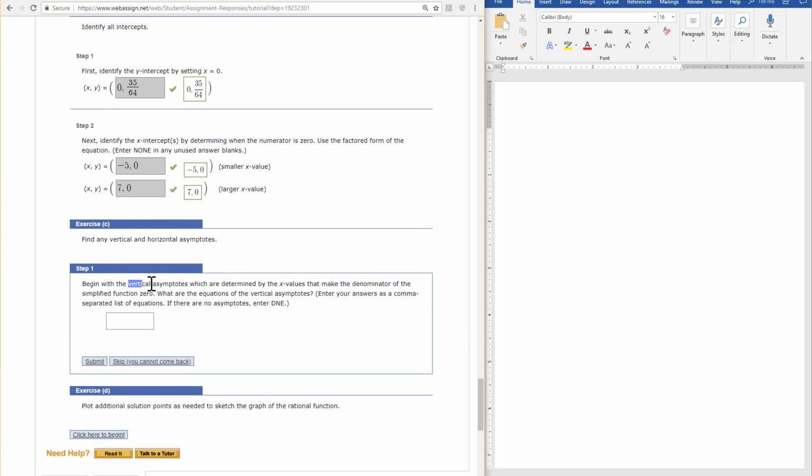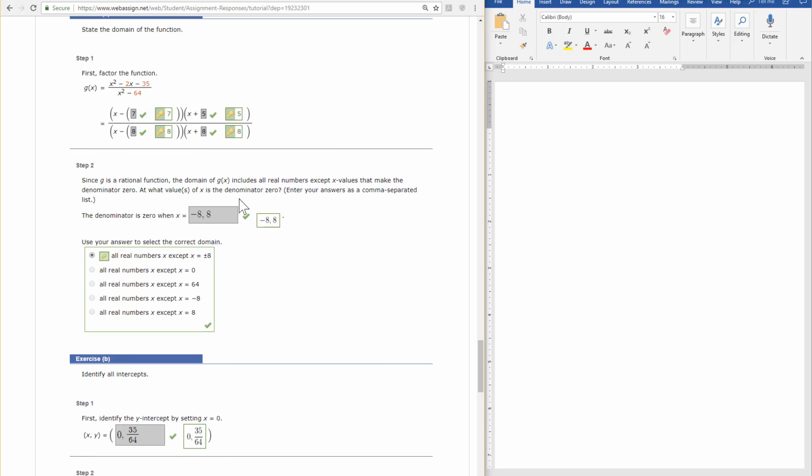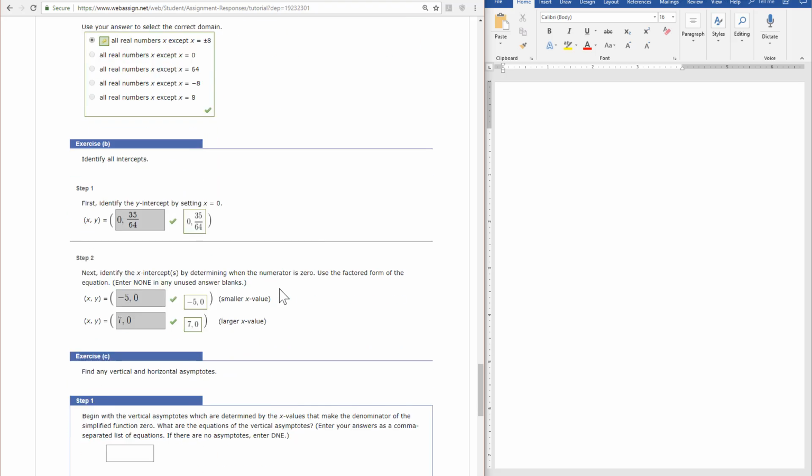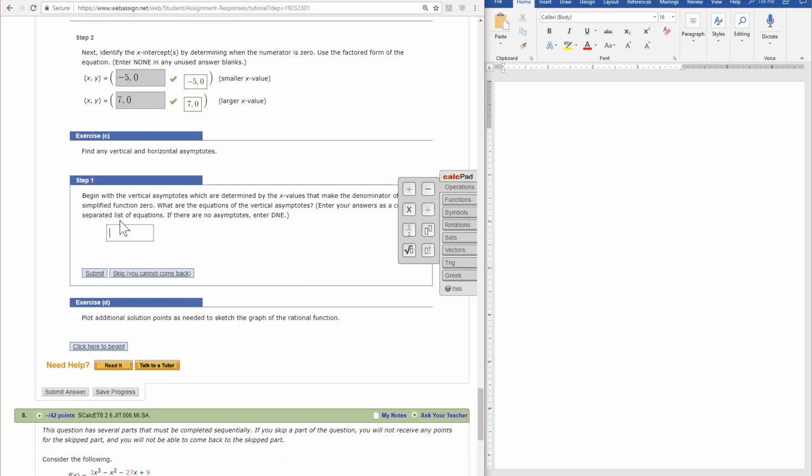Vertical asymptotes are the easier ones to deal with first. We find them for all the x values that make the denominator equal to 0. We found the denominator is equal to 0 when we factored it, at + and -8. So what are the equations of the vertical asymptotes?